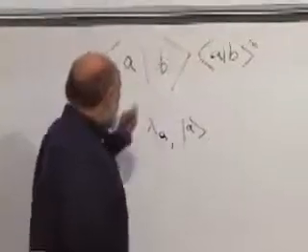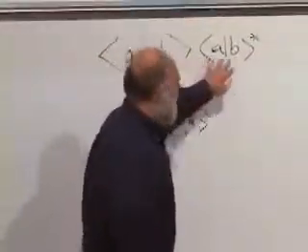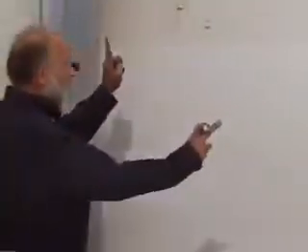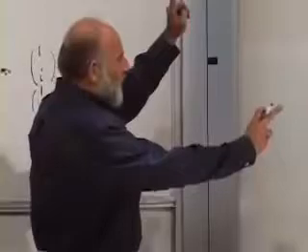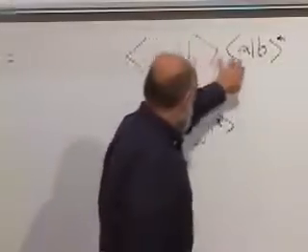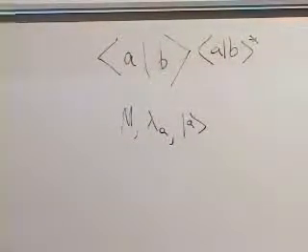If A and B are normalized, it's an easy theorem to prove that this is less than or equal to 1. If A and B are unit length, then the inner product between them has a magnitude less than 1. So this number is always less than or equal to 1, and it is the probability.